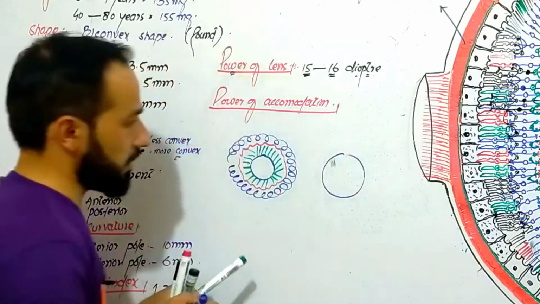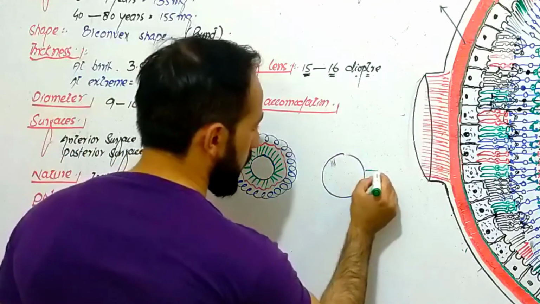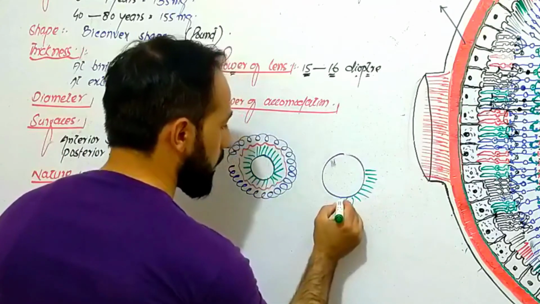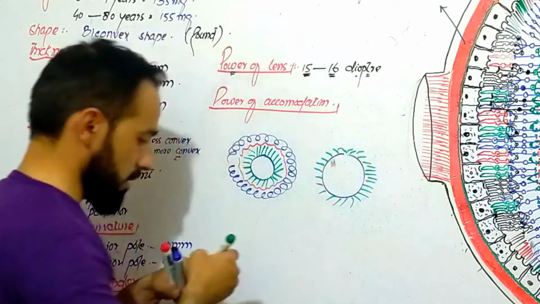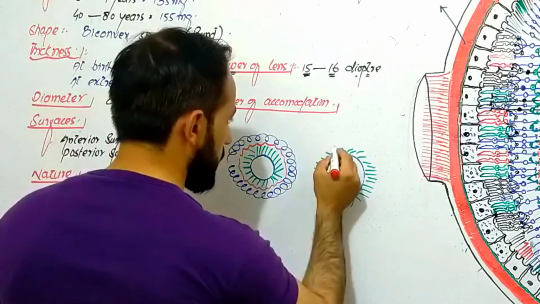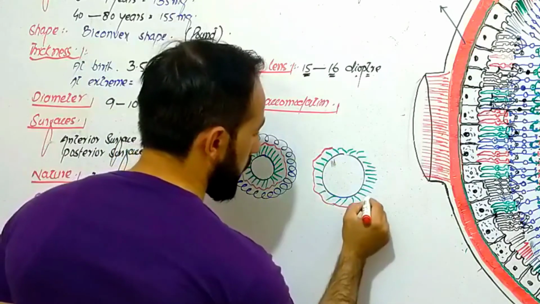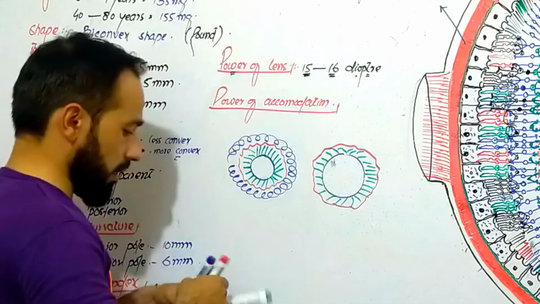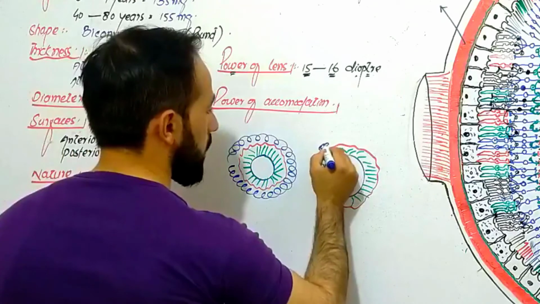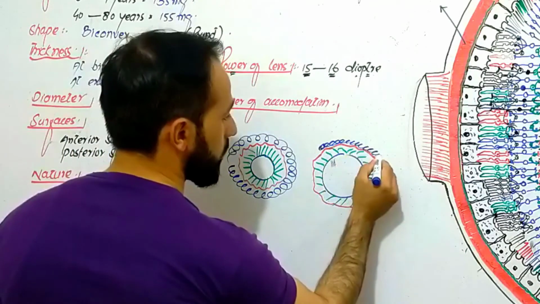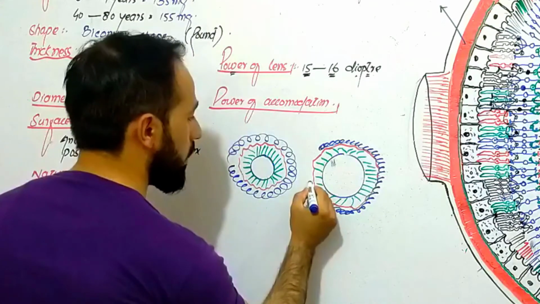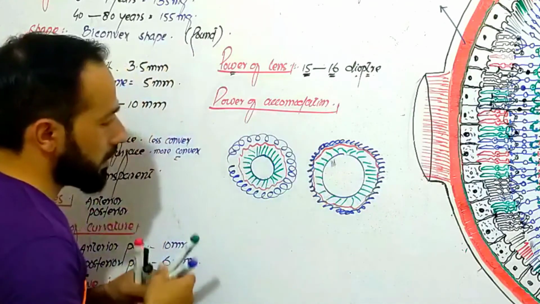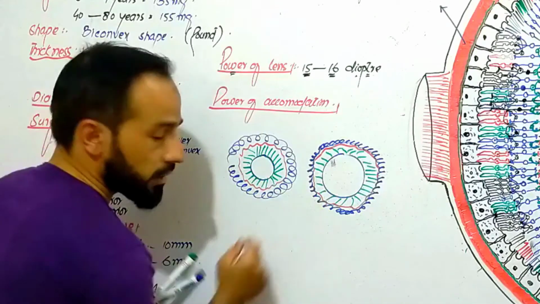So this is the lens that has been enlarged here, and these are your suspensory ligaments. I hope you are understanding me. And then there is your iris, and this is the muscles of your ciliary body. Now, I have drawn it a little broader here and a little narrower here.